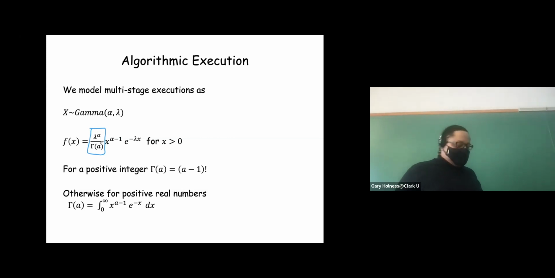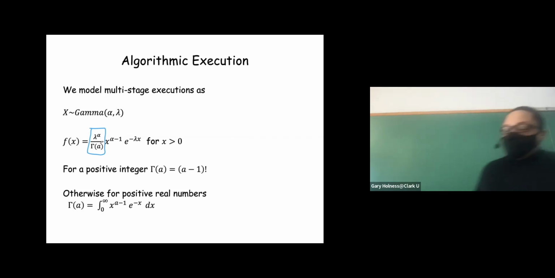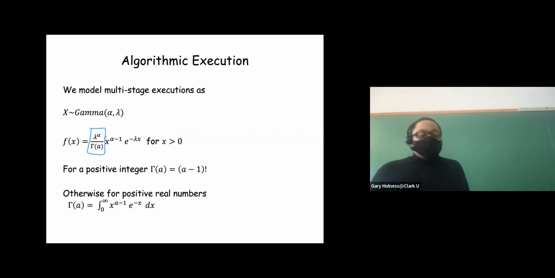So this gamma function is nothing more, if I have an integer, gamma of some integer a is just a minus 1 factorial. Why didn't they say that? That's a great question. You have to read through the history. I don't know why they do the things they do. But that being the case, this is our leading coefficient, and this distribution gets its name from this gamma function.